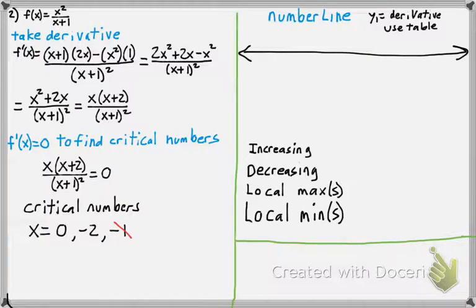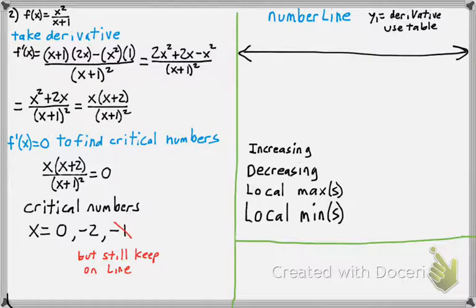So it seems kind of redundant, but we still want to keep this on the number line. So it's not a critical number because it's undefined in the original, but we still want to put numbers that are undefined in the original on the number line. They're just not critical numbers, so they won't be maxes or mins.